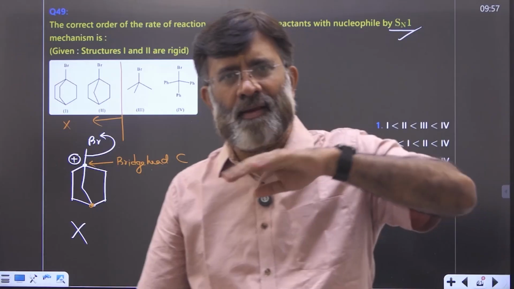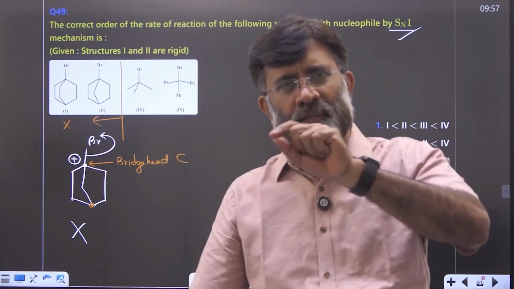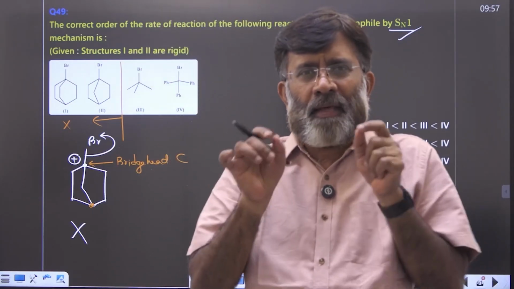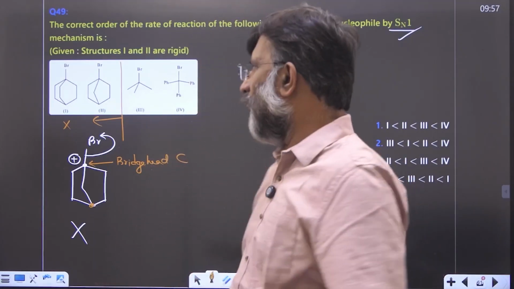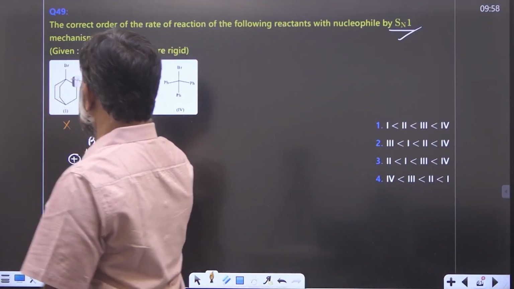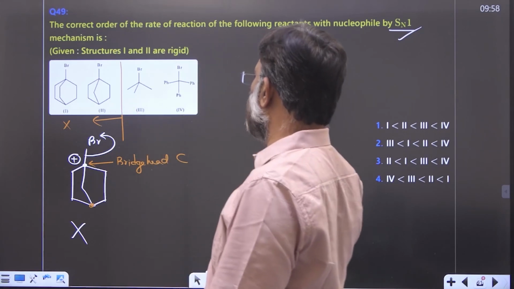With a free radical, it becomes planar. Forming a double bond, it becomes planar. So planarity is not appreciated in a bridgehead carbon. So molecules 1 and 2 will be last, and 3 and 4 will be high.